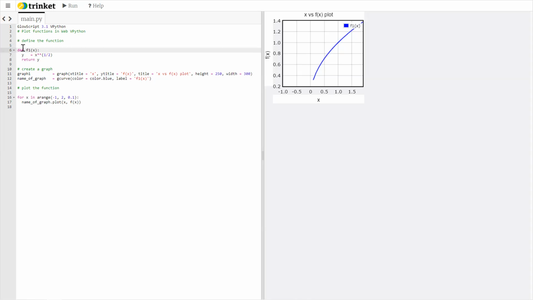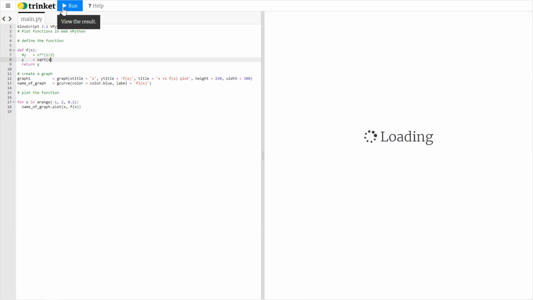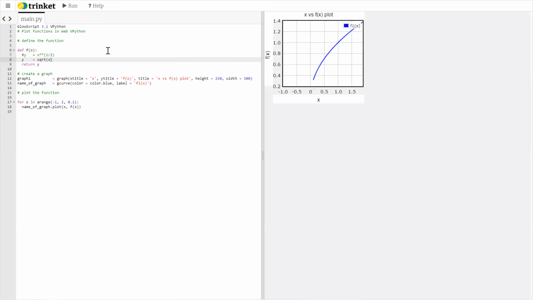Let's say we can define another function, y equals... Instead of exponent, you can use square root function. Square root of x, you should get the same plot.